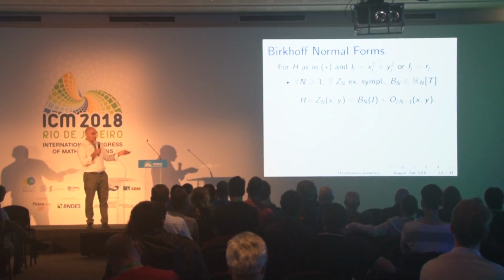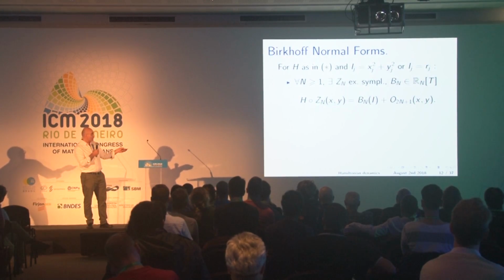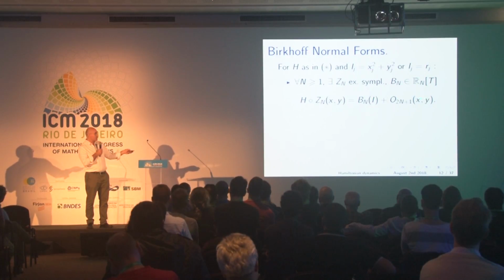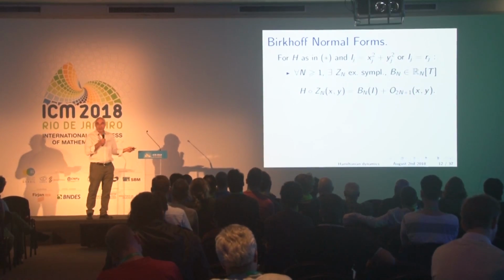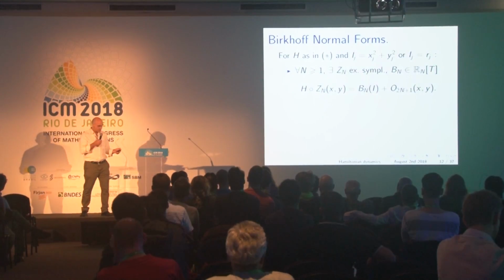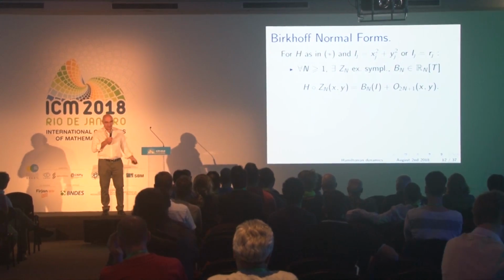This is the notion of conjugacy for a Hamiltonian. You can conjugate it up to an error which is of order 2n plus 1. You can conjugate it to an integrable form. So this is for any n.